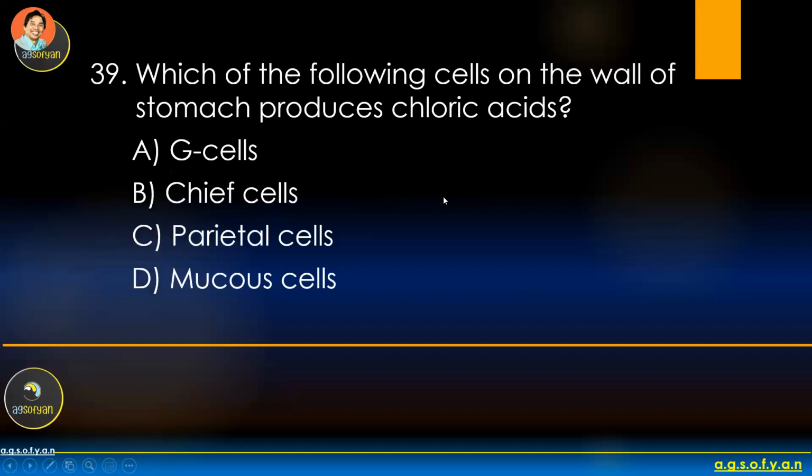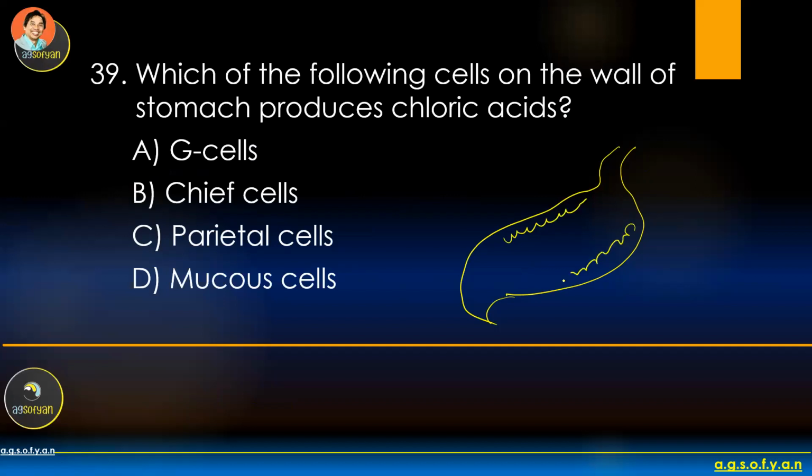Which of the following cells on the wall of the stomach produces hydrochloric acid? Okay, there are many different types of cells in the stomach. The one that produces the hydrochloric acid is called the parietal cell. Mucus cell is the one that produces mucus, which is a sticky fluid.